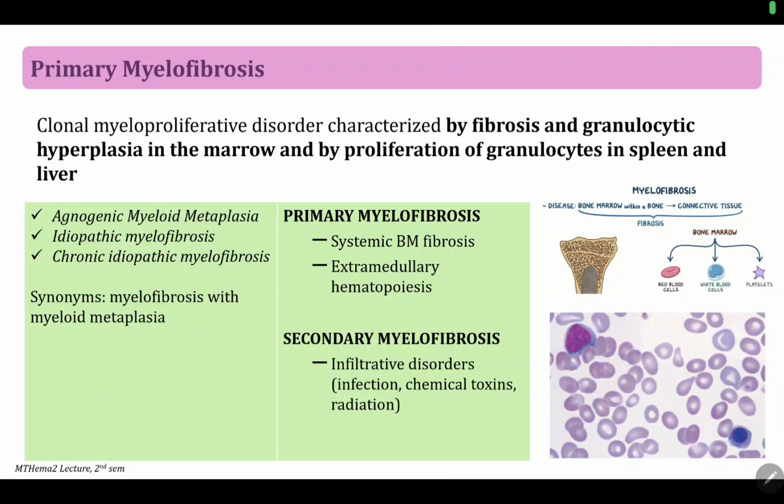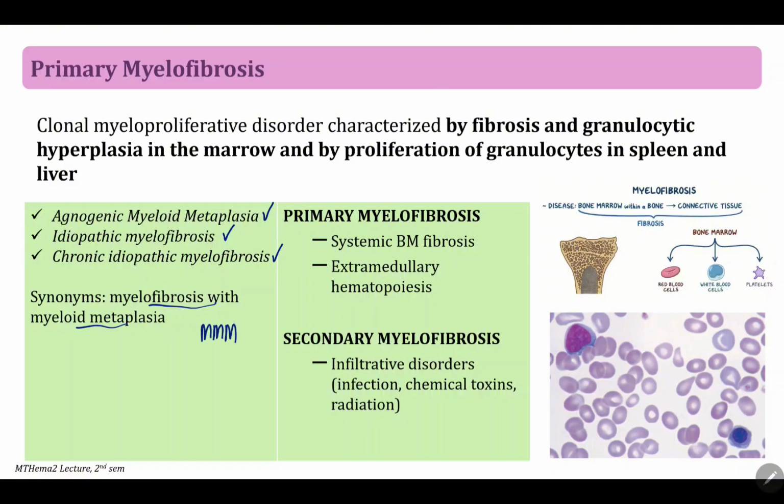Next, we have your primary myelofibrosis. Your PM is also known or may also be called as your agnogenic myeloid metaplasia, idiopathic myelofibrosis, or chronic idiopathic myelofibrosis. In other old references, it may also be referred to as myelofibrosis with myeloid metaplasia or MMM. Okay.